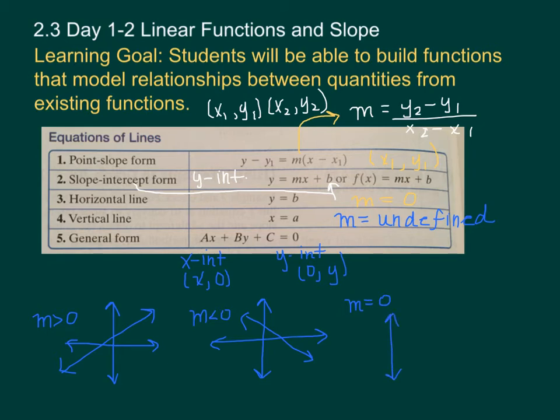Remember, 0 slopes are horizontal lines. And then we have the undefined slope, and this is a vertical line.